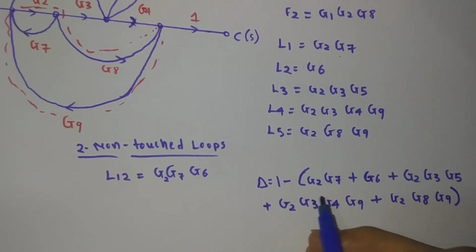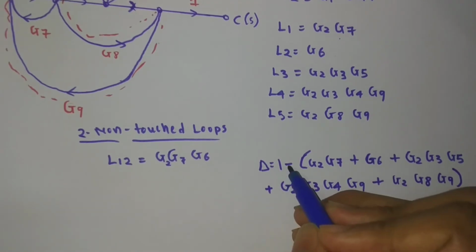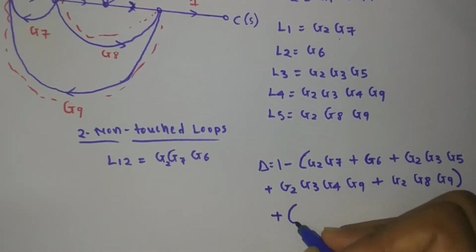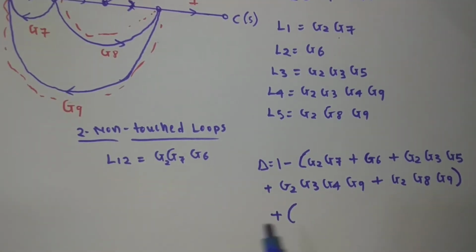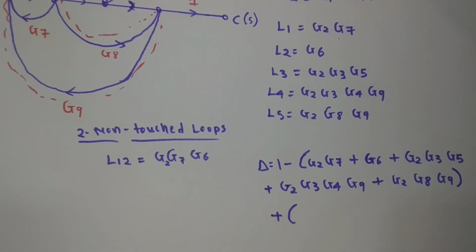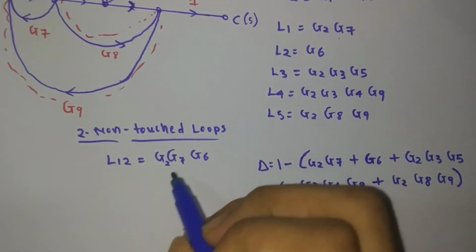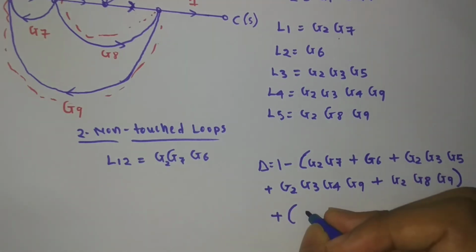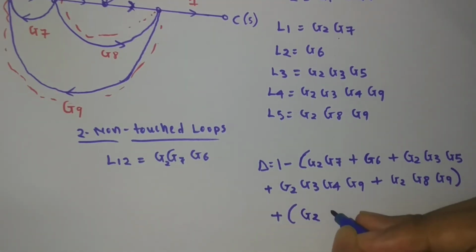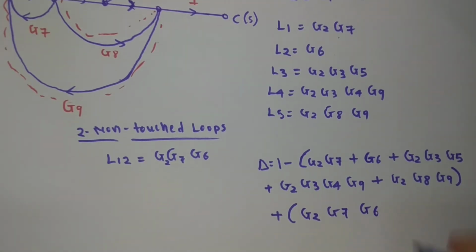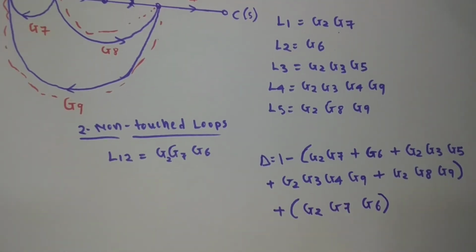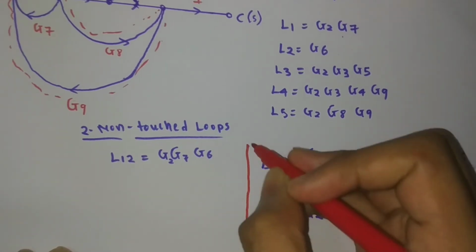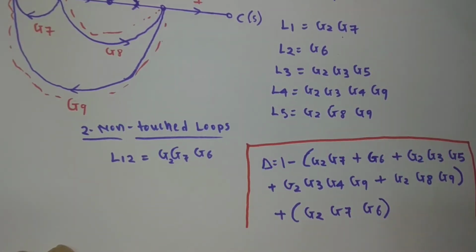So 1 minus the sum of loops, plus the sum of the two non-touching loops. There is only one, so I am going to write it as G2, G7, G6. So this is the value of the determinant.